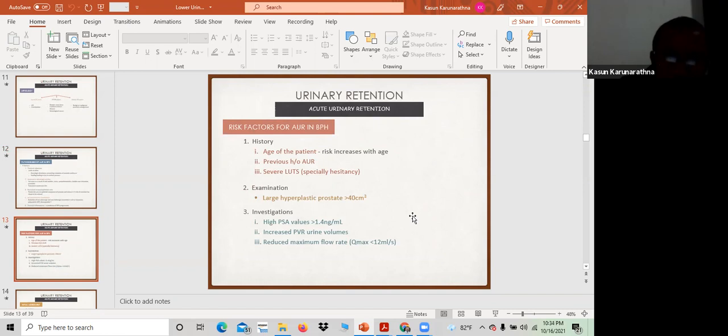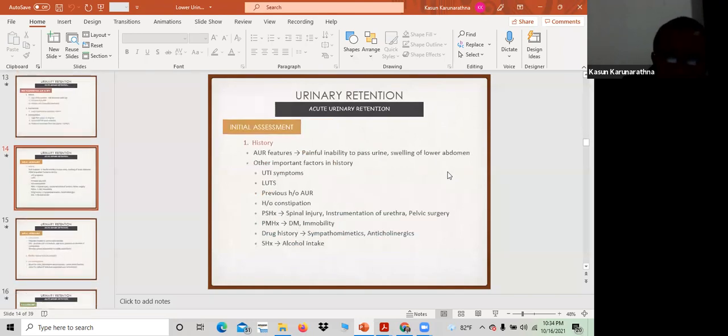Risk factors for acute urinary retention in BPH: age, previous history, severe large hyperplastic prostate, high PSA values, increased post-void volumes, and reduced maximum flow rate. All are risk factors for retention.